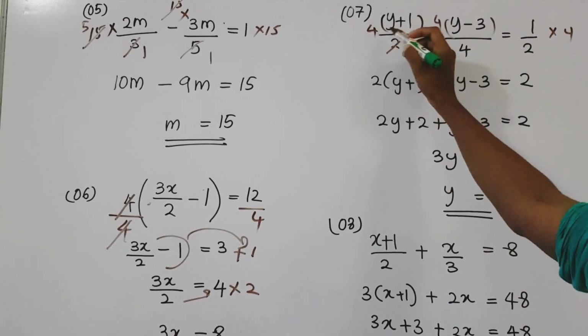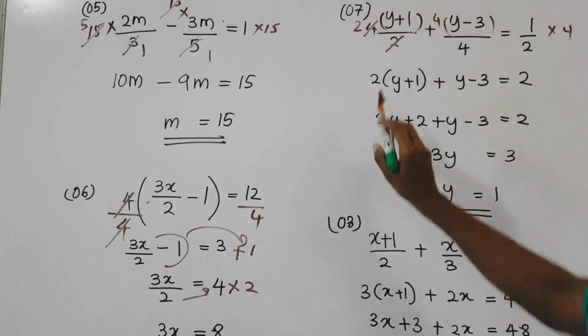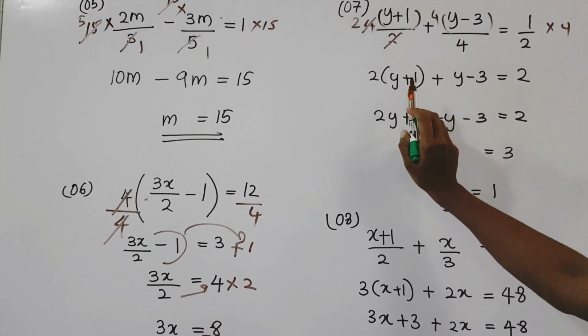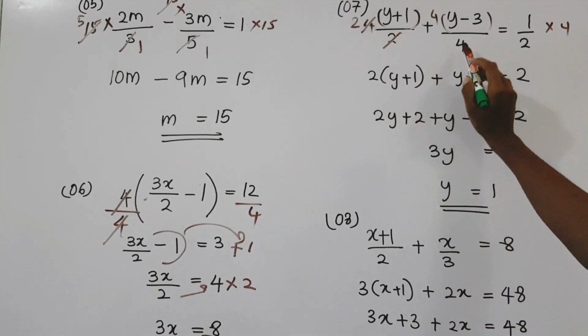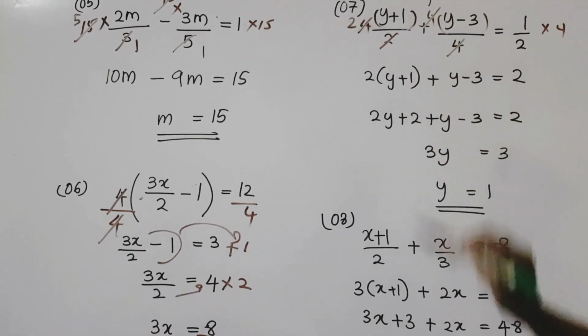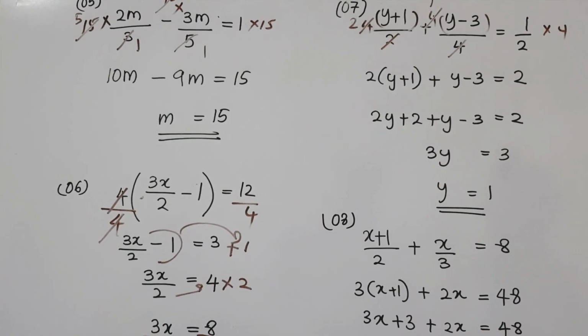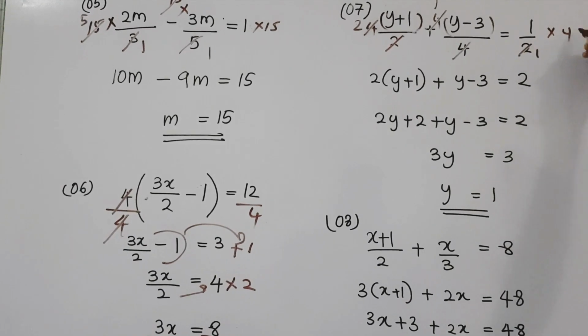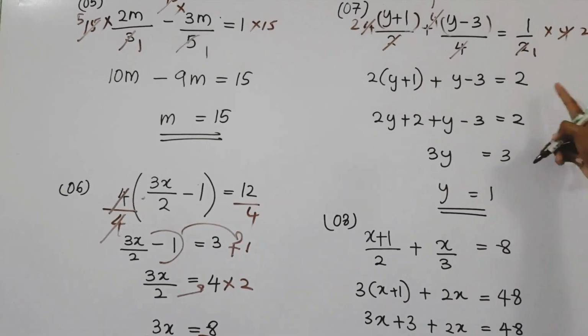So 2 and 4 will give you 2. So 2 bracket y plus 1. You have to always remember to put a bracket. Then here this 4 and this 4 will get cancelled. So where is 1? We don't write 1. So it's y minus 3. And this 4 times 1 over 2 is 2.